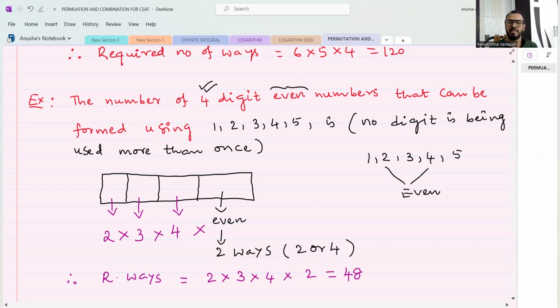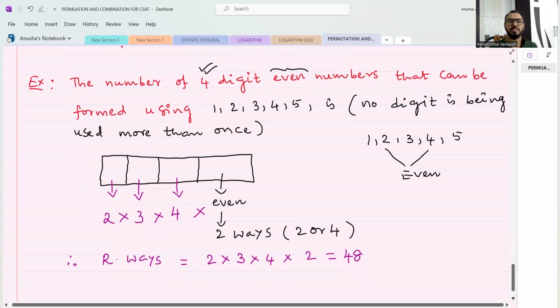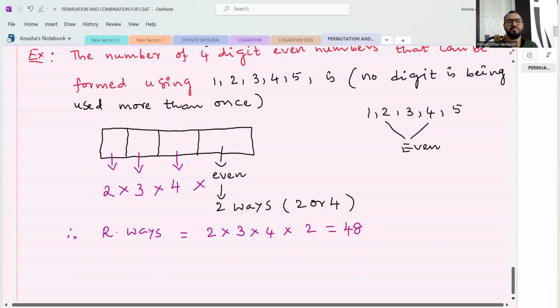Suppose for the same question, the number of 4-digit numbers divisible by 5. Example 2.